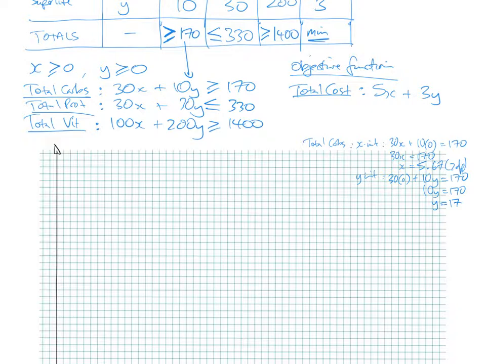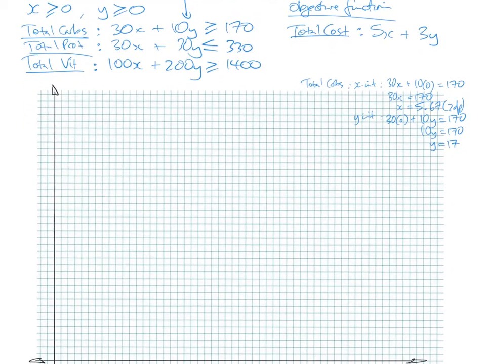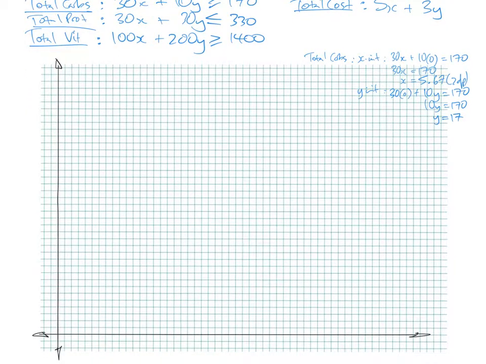So total carbs I'm going to do in black. Total carbs crosses the y-axis at 17 and the x-axis at 5.67. So let's make it 2, 4, 6, 8, 10, 12, 14, 16, 18.